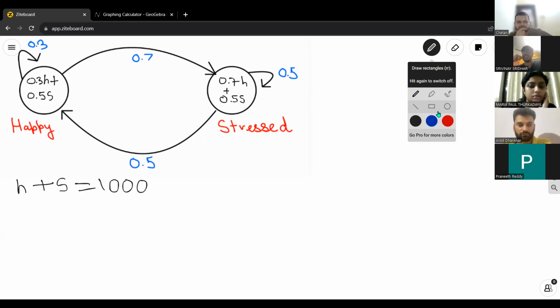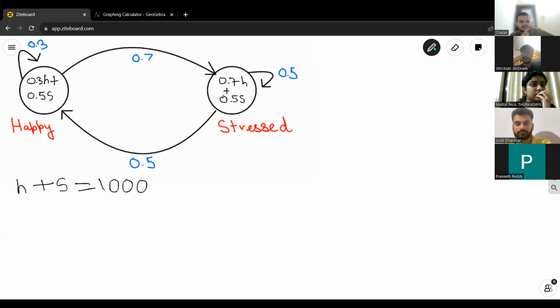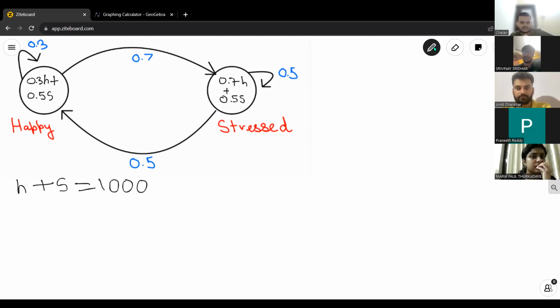So 0.3h plus 0.5s is equal to what? And 0.7h plus 0.5s, people who are happy, is equal to what? So this is not small h plus s, it's capital. People who are happy and people who are stressed.